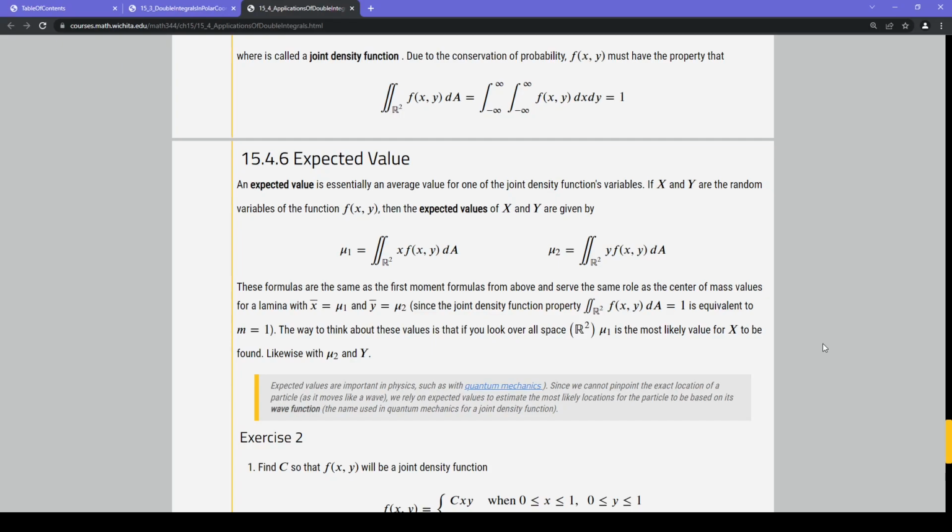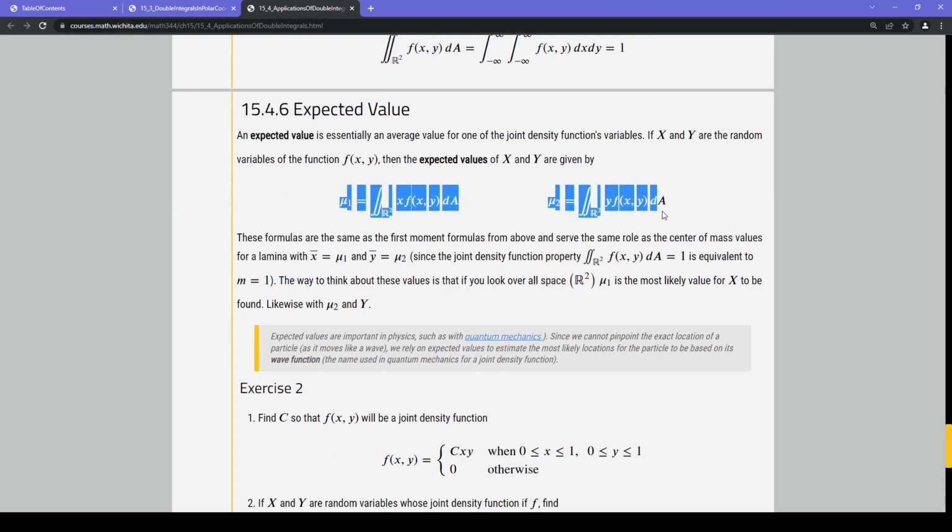If you have independent decisions that are represented by the variables x and y, and a probability density function, which is represented by f of x, that incorporates the relationship between when decision x and when decision y, or when result x and when result y are coordinated, and when those two things are both likely to produce positive results, you can figure out, by evaluating integrals that look an awful lot like the first moment integrals that we use to find the center of mass, what the most likely set of outcomes are for a particular range of values.